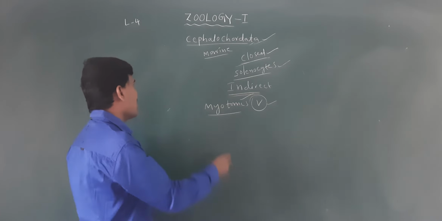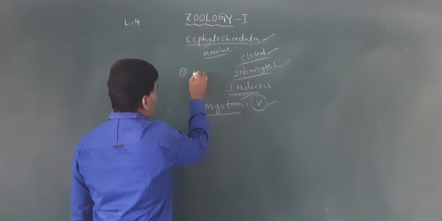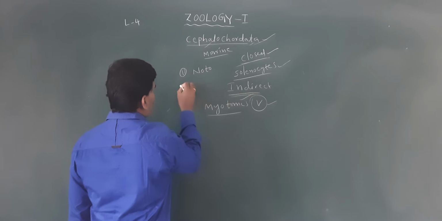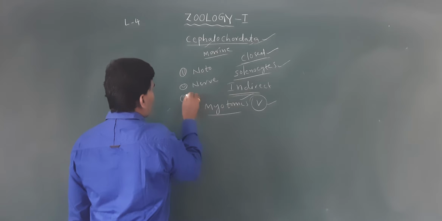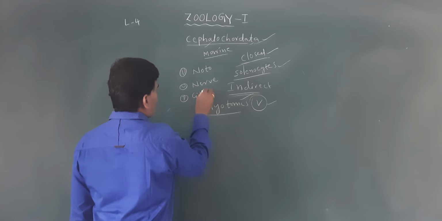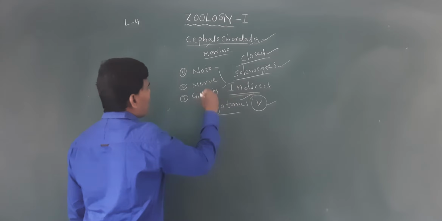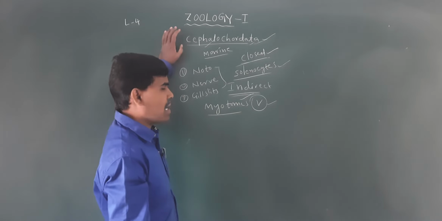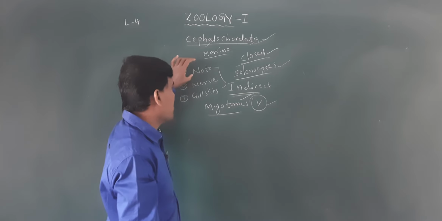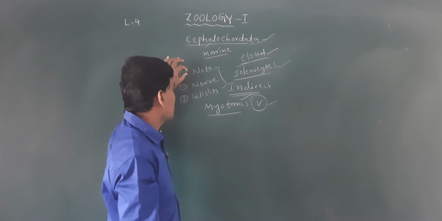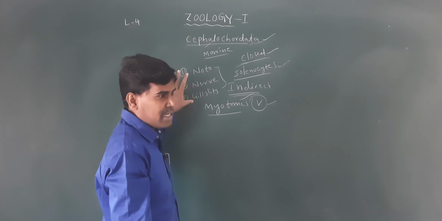Because they have the three important chordate characters: first the notochord, second the nerve cord, and third the pharyngeal gill slits.